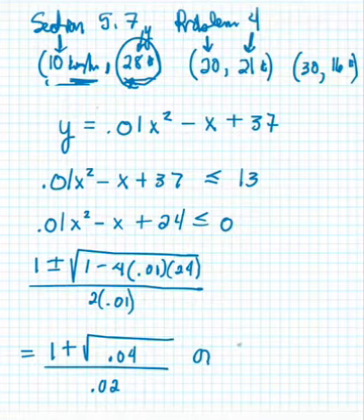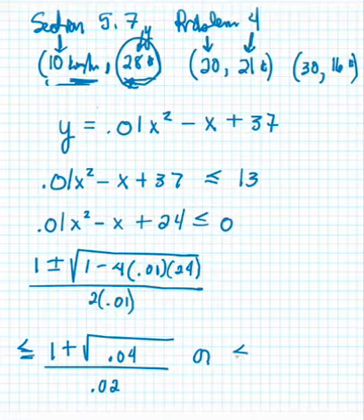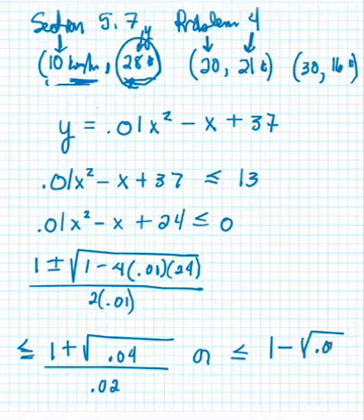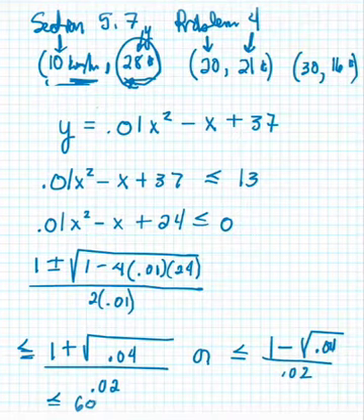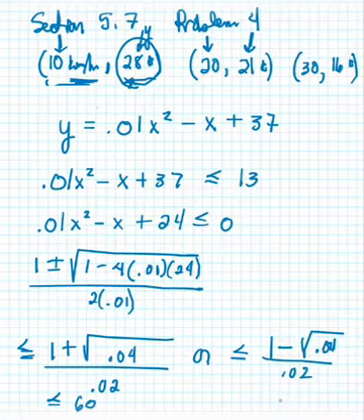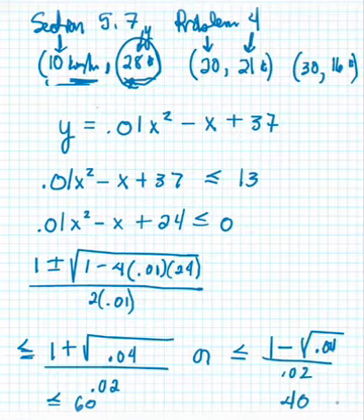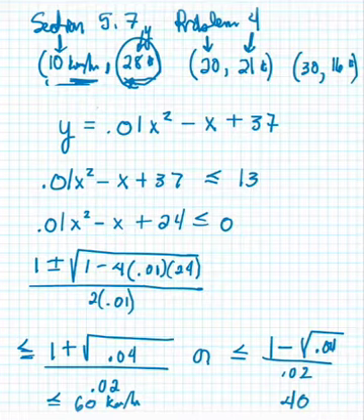Or actually it's going to be 1 minus 0.04 over 0.02. And I think when you do this, you get 60 here, or you get 40 over here. When you subtract off, you get 40. And that's going to be kilometers per hour.